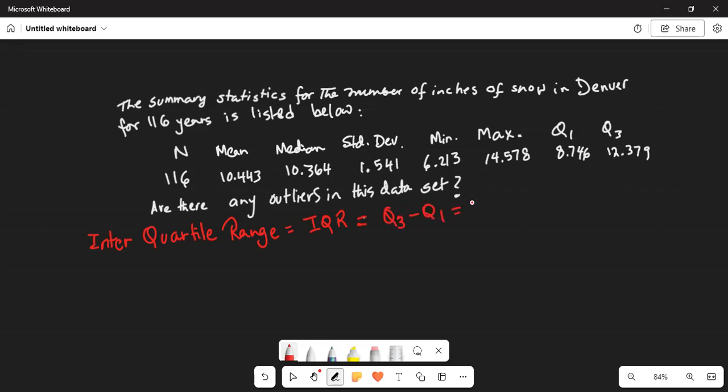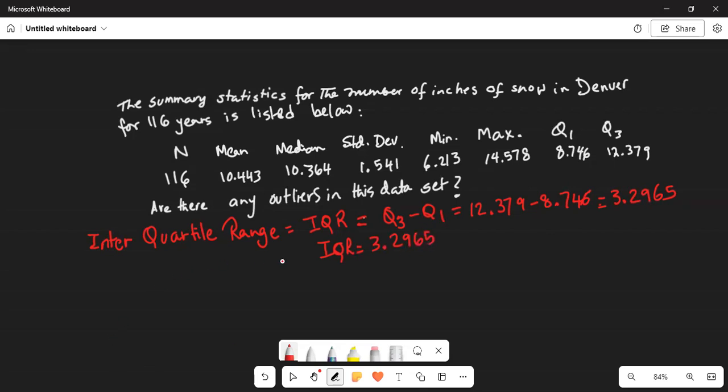And that in our case is 12.379, Q3, minus 8.746, Q1, and that is equal to 3.2965. So IQR is equal to 3.2965.